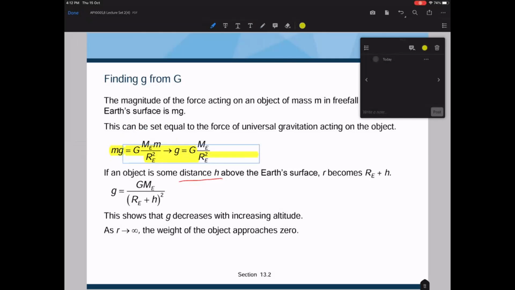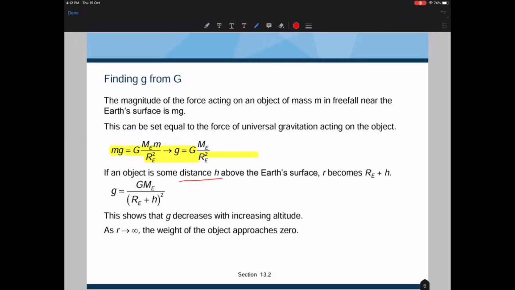Small g equals large G times ME divided by RE squared. RE refers to the radius of the Earth. If the object is at a location H above the Earth's surface, above sea level, then R becomes RE plus H. So you have to change it accordingly.